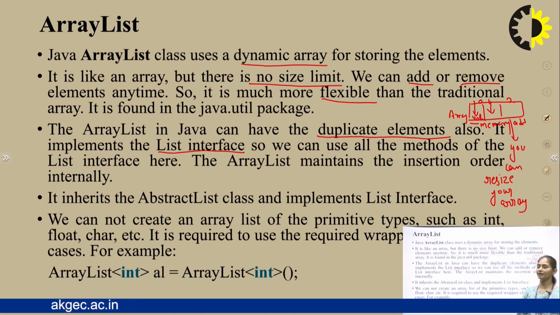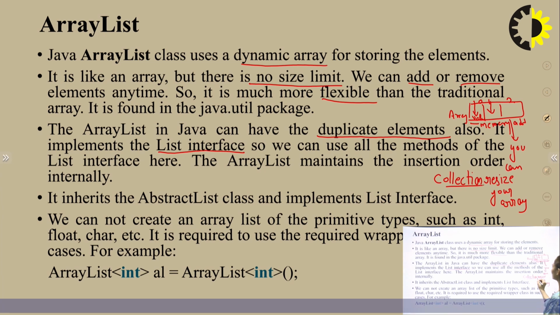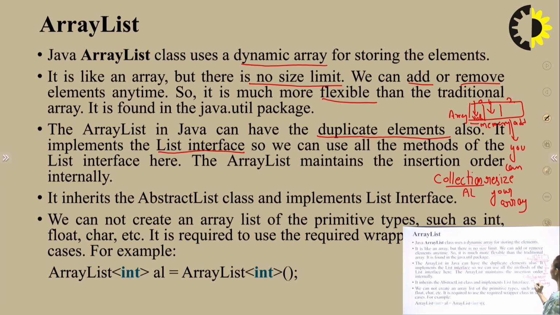Collection is extended by list, which consists of your array list and your linked list, and also the stack and vector. It means collection has a different structure for all of these.